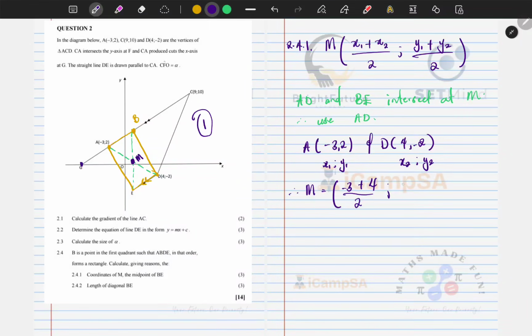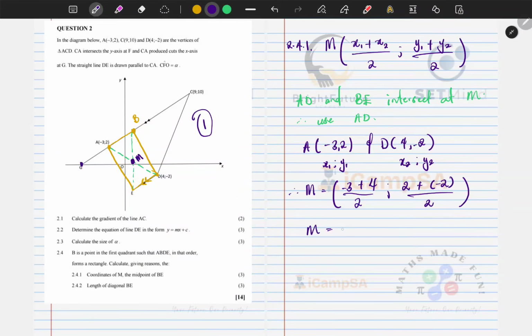So now we want your y1 and y2. So that's going to be your 2 plus y2, which is -2, all over 2.